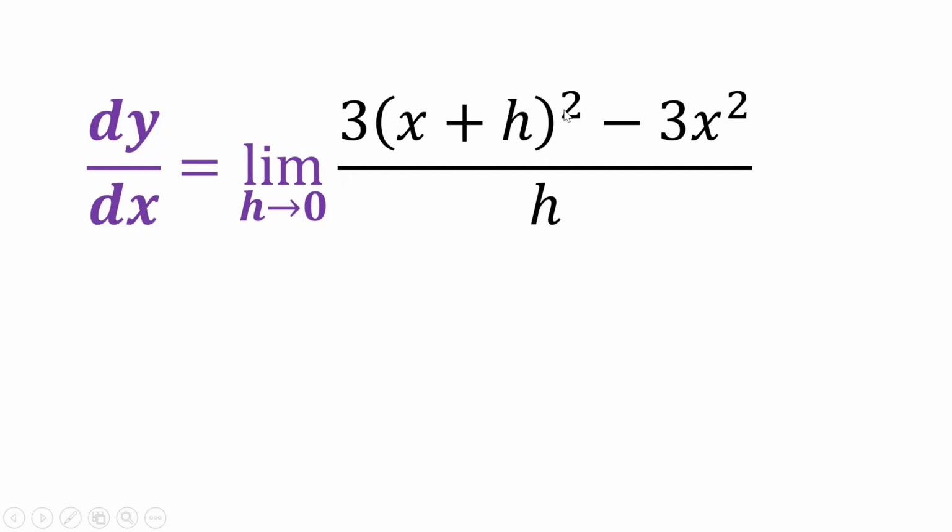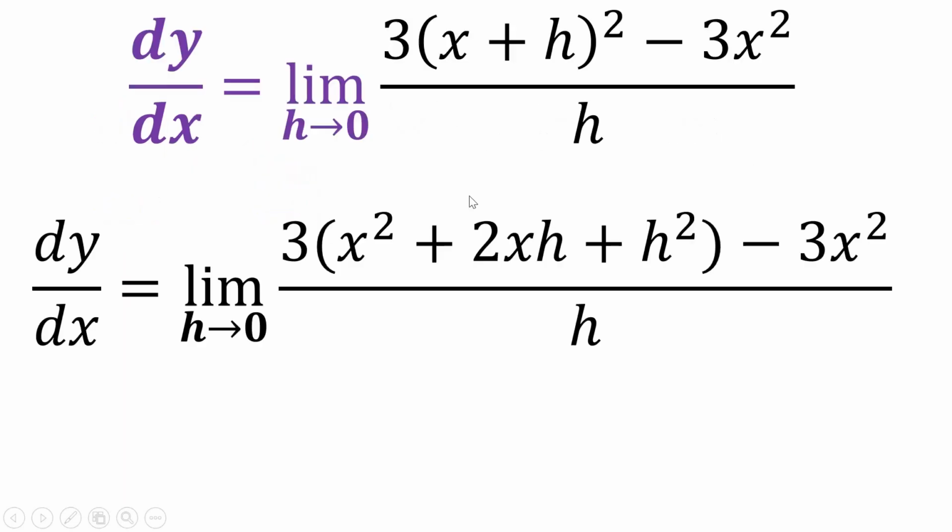Now let's expand the bracket. So we are going to expand it with the square up here. So what do we get? We see that we will get x squared plus 2 times x times h, which is 2xh, plus h squared. And we have our minus 3x squared over h.